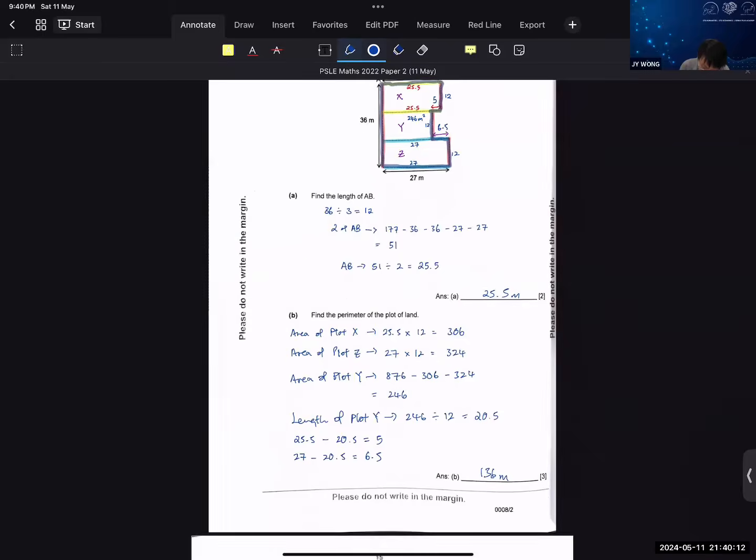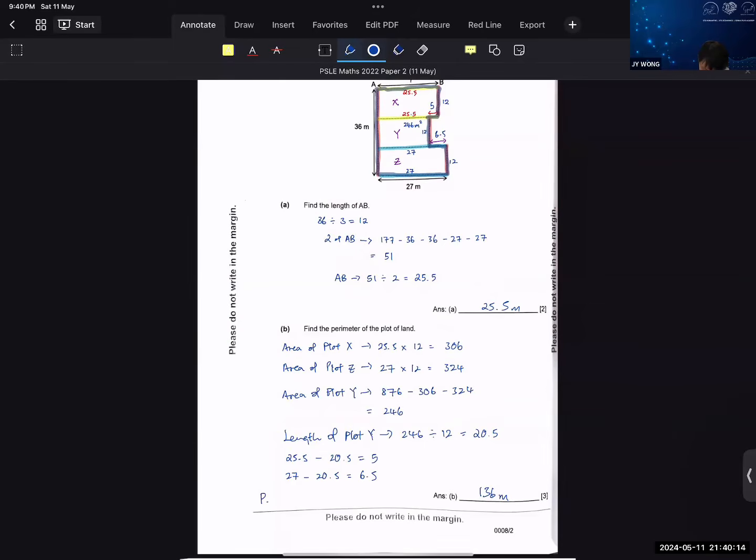And now you can find the total perimeter. 36 plus 36 plus AB, which is 25.5, plus 27 plus 6.5 plus 5 to give you 136. What a tedious question.